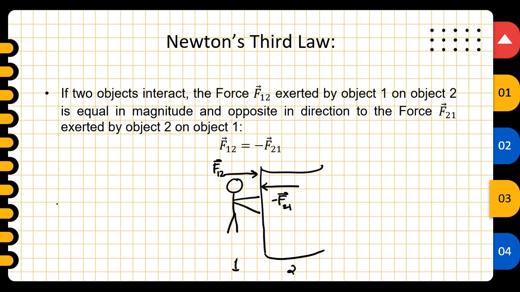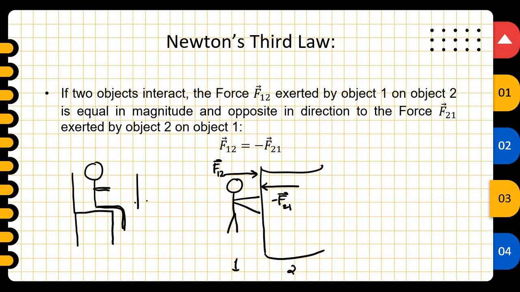Next, aside from this, a great example would be a chair. The chair is exerting a force upward, which is the normal force, right? It supports the weight of a certain object located on the chair. So let's say a person with a greater weight is seated on this chair.